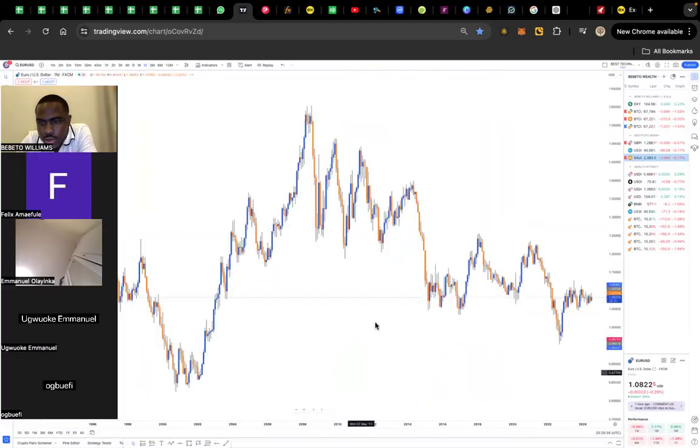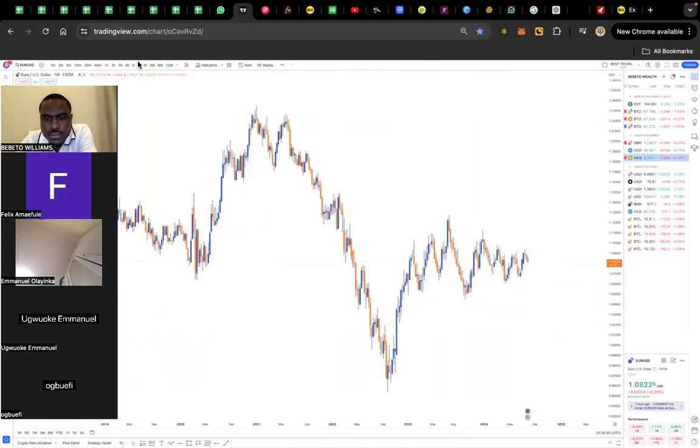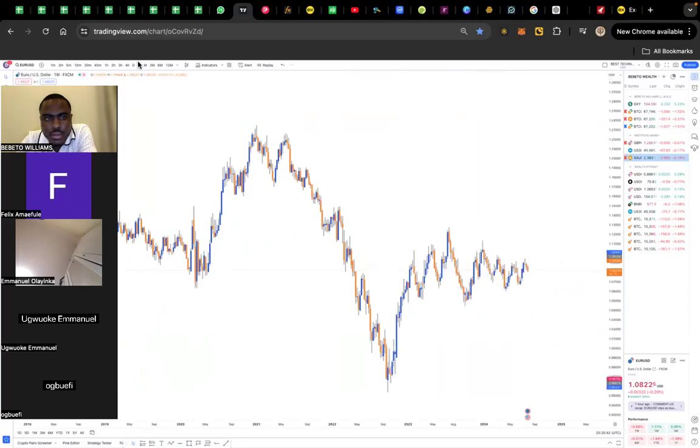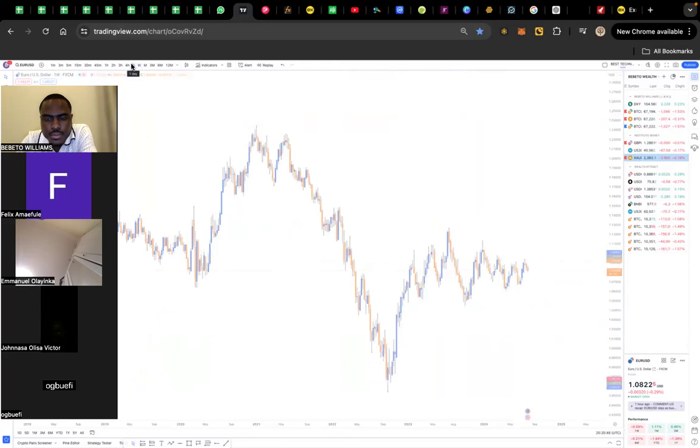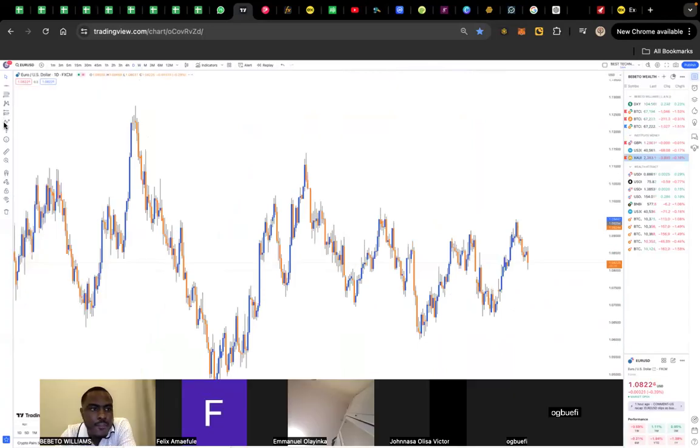Let me reset my screen. Come over to the weekly time frame. I'll come over to the daily time frame. Please, for Euro USD, it is a buy. Market should buy to this point. More buys. Market should buy up to this point.